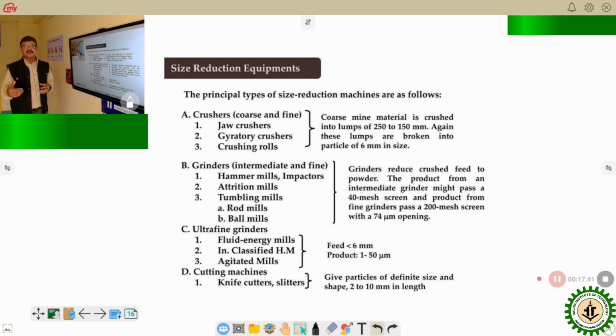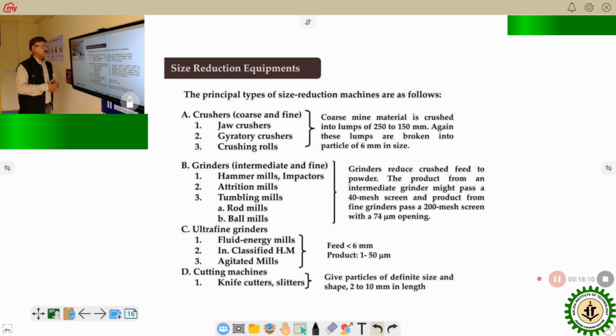And the product coming out from the grinding machine can again be used as feed for a further grinding machine, which is an ultra fine grinder, by which we can get very fine material as the final product. So first is the crusher, then the grinder, then the ultra fine grinder. For hard solid materials, this will be the sequence for utilizing the size reduction operations.